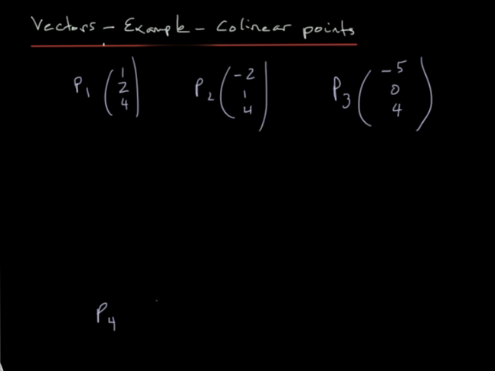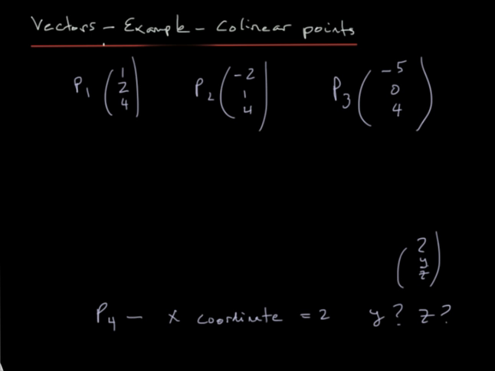The words of the question say that P4 has x coordinate equal to 2, and that you have to find the y and the z coordinate. And so that's why I defined it as 2, y and z, because we don't know what these two coordinates are, but we know that the x coordinate is 2.